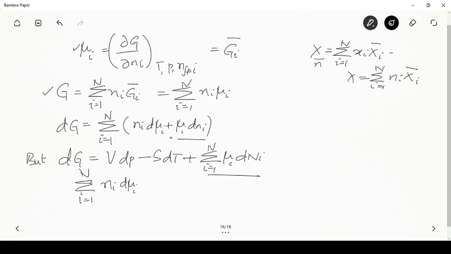Okay, the mu I dNi gets cancelled on both sides, is equal to V dP minus S dT, or I can take everything to one side and write V dP minus S dT minus summation of Ni d mu I equal to 0.